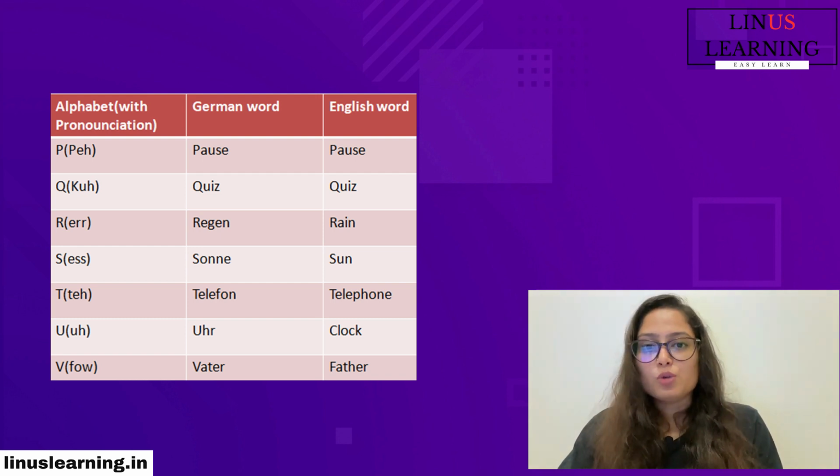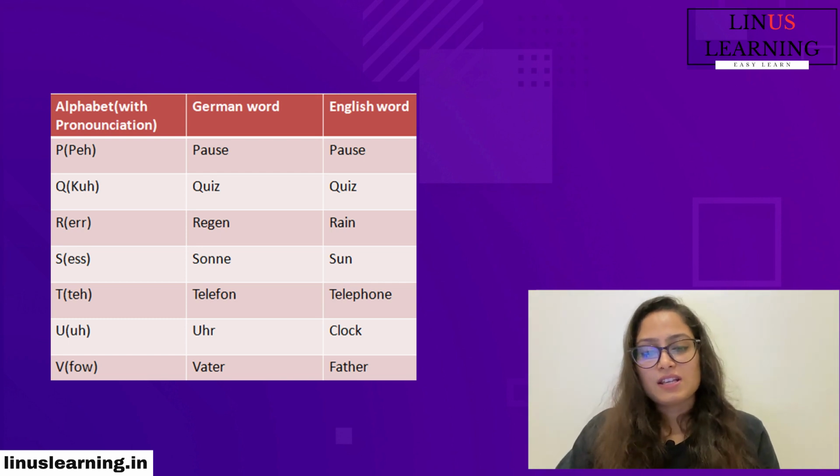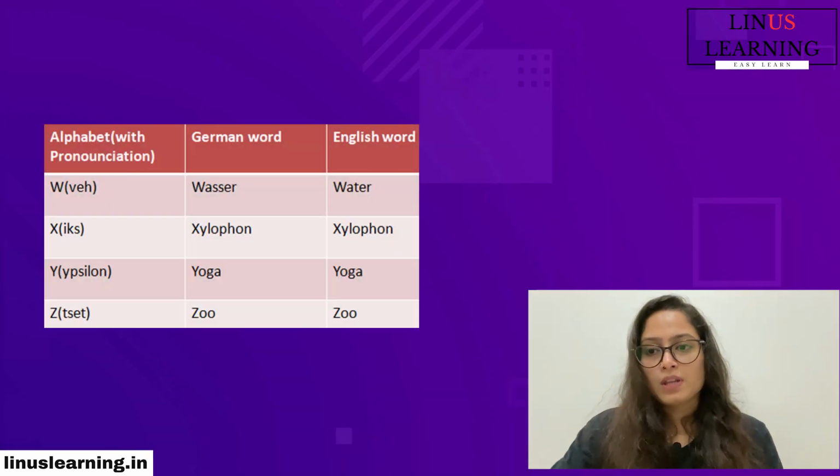U is U, like in Hindi we say U, right? So that is the same. Okay, V is pronounced as fow, like the pronunciation in English will be F-A-U, fow. U is U, V is fow.